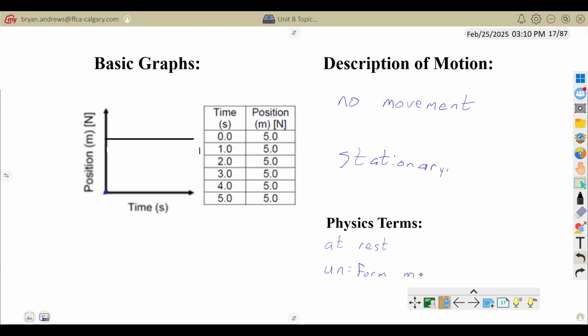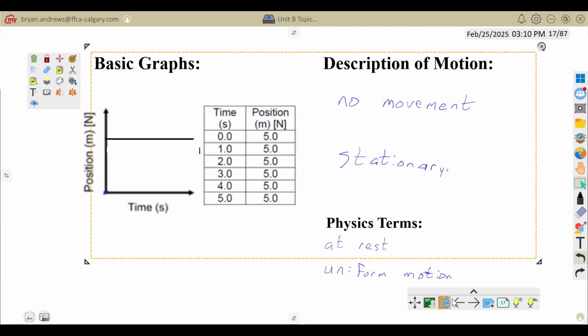Now, uniform motion means the rate at which the position is changing, or the velocity, is staying constant. And when you're standing still, where there is no movement, that is still considered to be uniform because it is going to be a constant there for us.